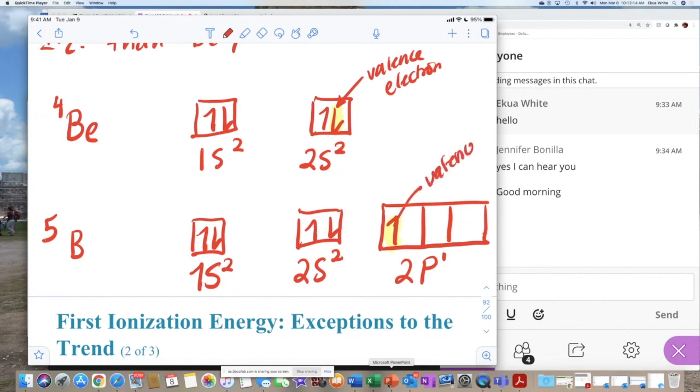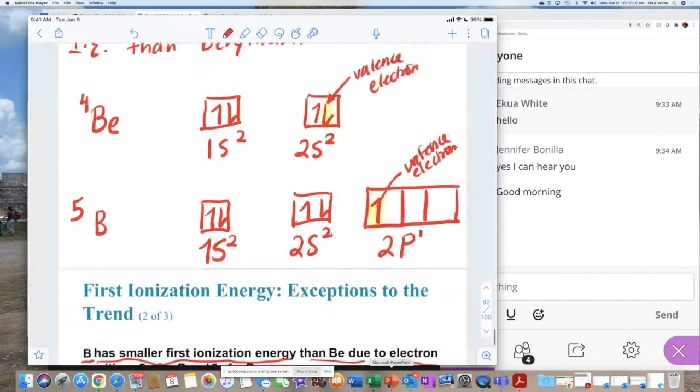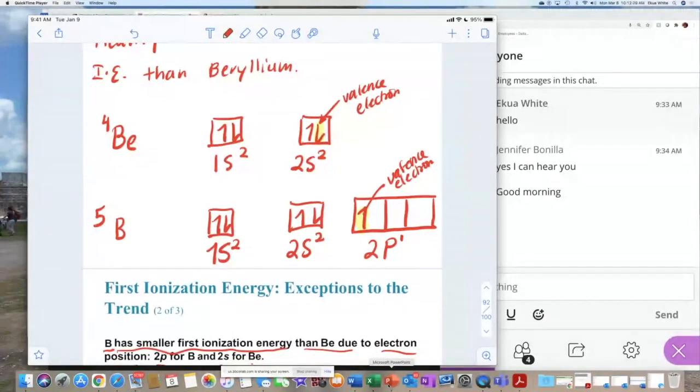Valence electron. Okay, now what they're saying is this valence electron in boron is actually easier to remove. And then this one here is harder to remove.